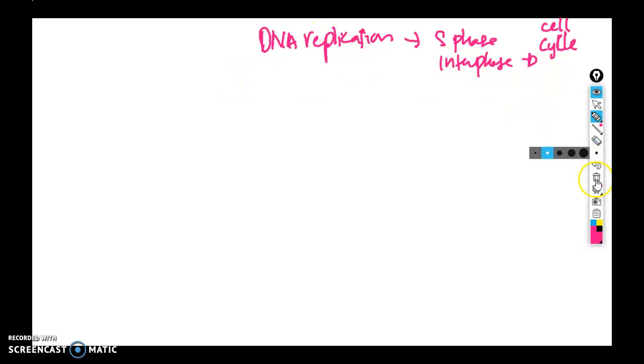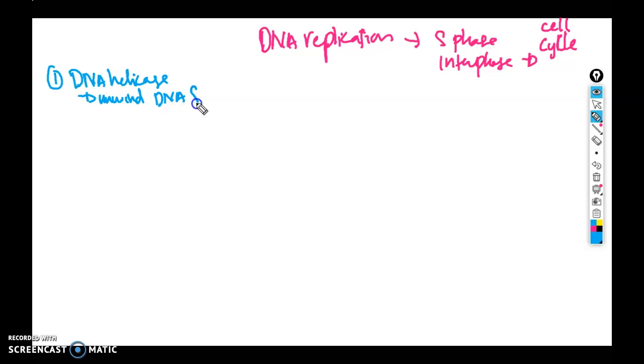For DNA replication, as I mentioned before, we have to list down first the enzymes and proteins involved in the process of DNA replication. First is DNA helicase. The function of DNA helicase is to unwind the DNA double helix.